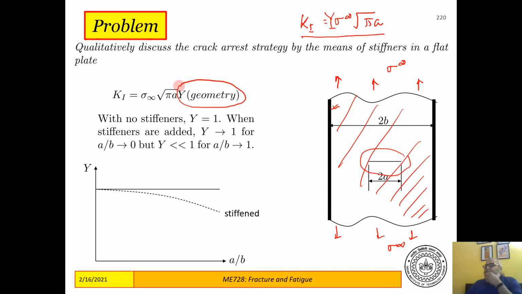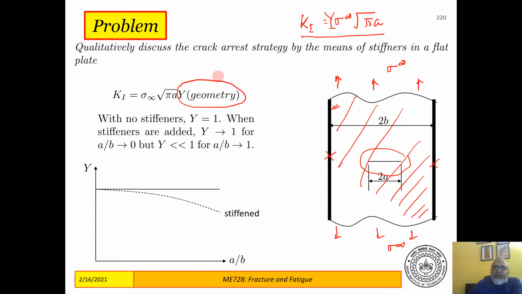Okay, now for an unstiffened plate, when a by b tends to 0, if these stiffeners were not there, then it's basically an infinite plate, and this 2a is always very small compared to the width of the plate.